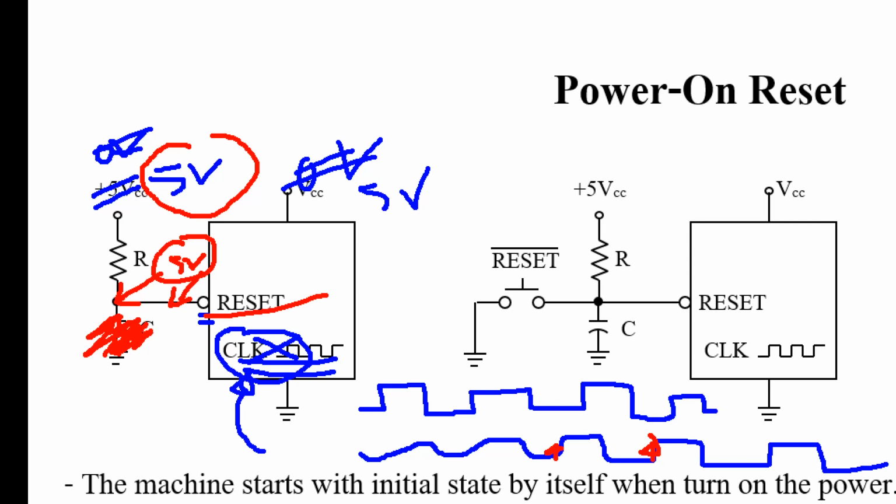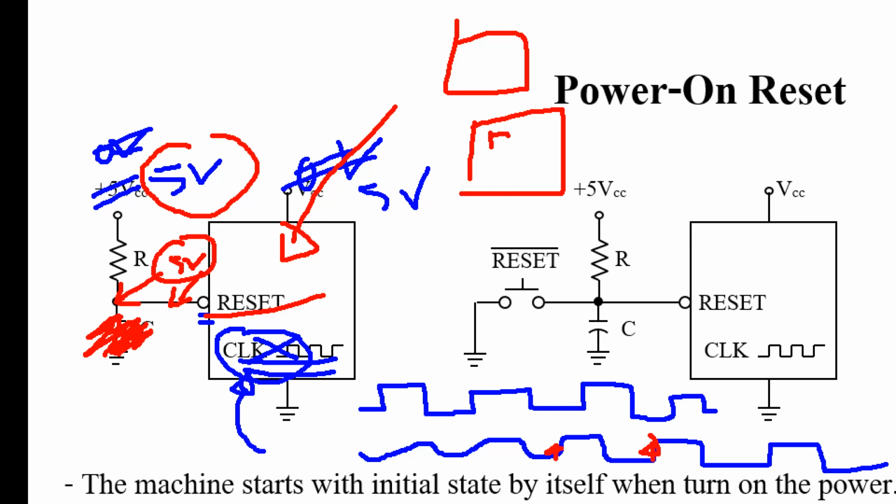If you want, when you turn on the power of the circuit, to let the circuit start at the initial state, namely, this state machine maybe has some flip-flops, right? Some flip-flop outputs Q, maybe Q1, Q2, something like this. At the beginning you don't know, right? The initial value of a flip-flop is maybe 0 or maybe 1.